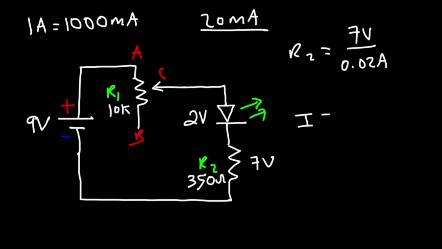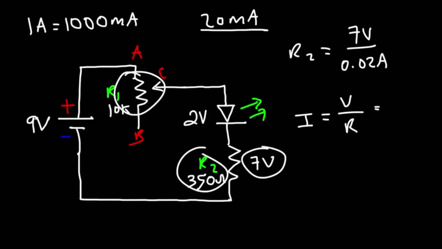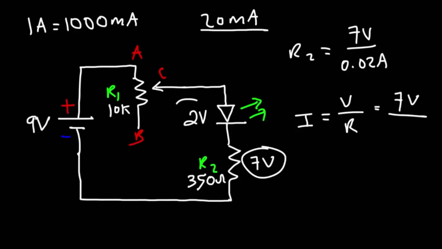So the max current, which will be voltage divided by resistance, we're going to have 7 volts across these two resistors equivalently, if this goes up to 10K. So the total voltage across the two resistors will be no more than 7 volts due to the 2-volt drop of the LED. And the total resistance is 10.35 kilo ohms.